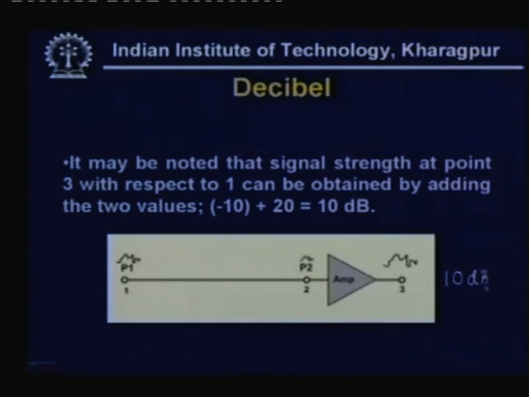So finally from here to here, we consider it a gain, not attenuation, a gain of 10 dB. So in this way the decibel values can be added whenever we have a number of devices or channels in cascade to find out the final value of attenuation or amplification, whatever it may be.